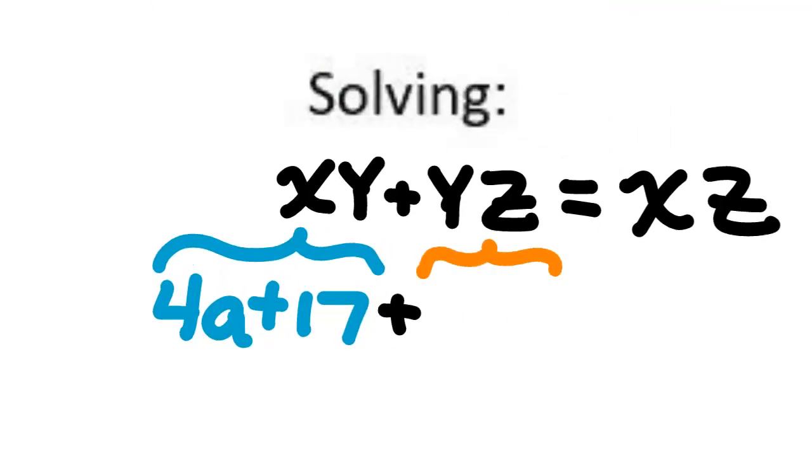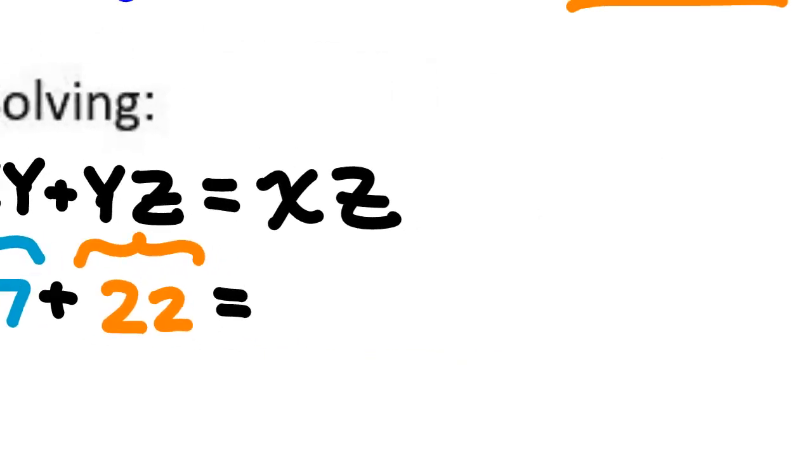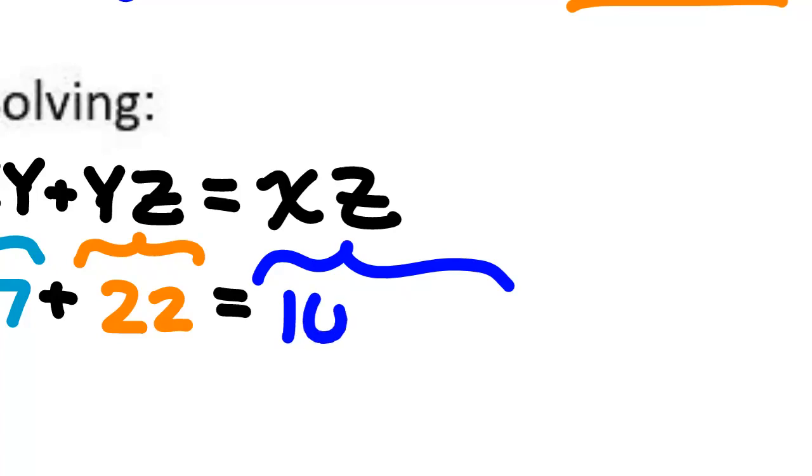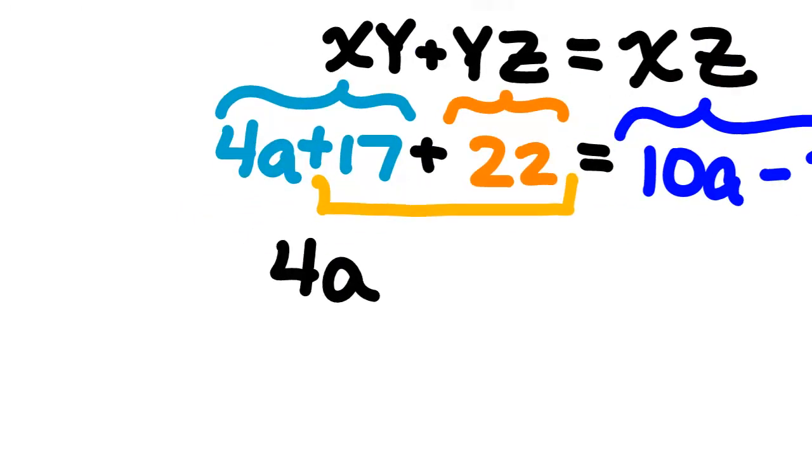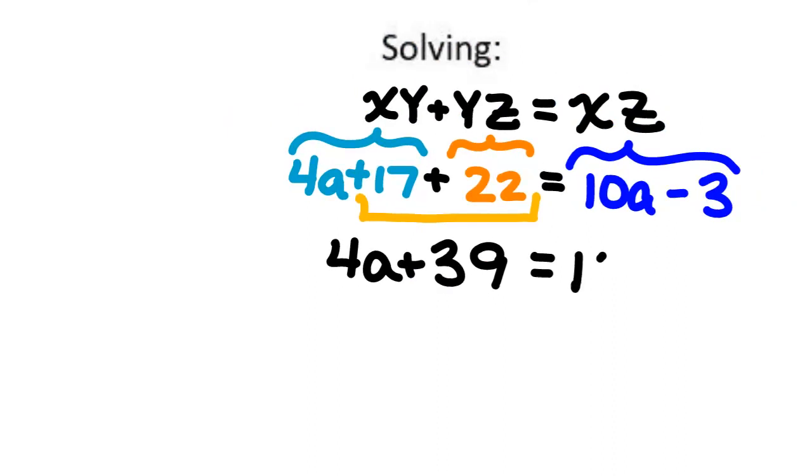And YZ, I'm going to replace with 22. Equals, in the place of XZ, I put 10A minus 3. So the first thing I need to do is combine these two like terms together. So I have 4A plus 39 equals 10A minus 3.